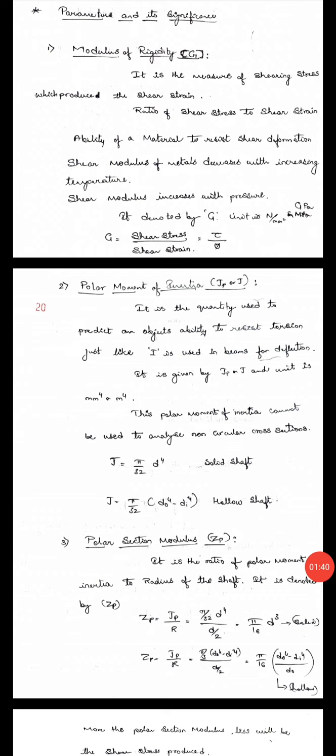Second one, polar moment of inertia, denoted as Jp or J. It is the quantity used to predict an object's ability to resist torsion, just like the moment of inertia I used in beams for deflection.